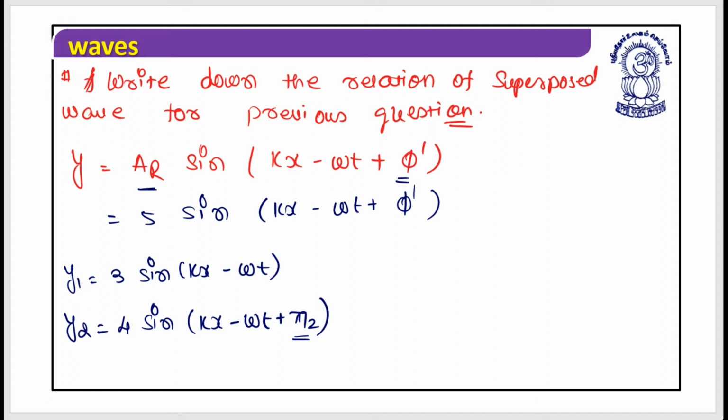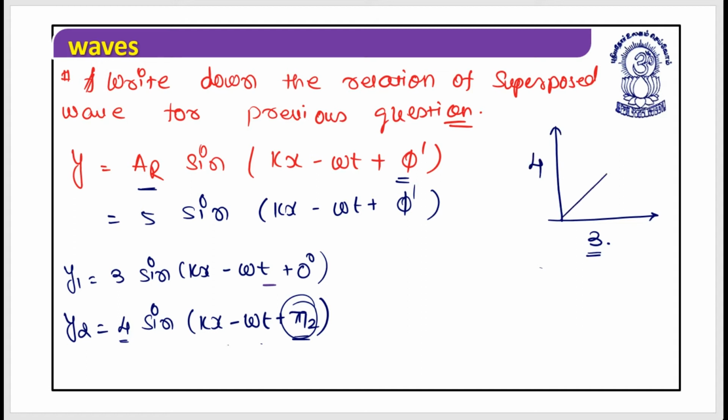Look at this: the first has an angle of 0, it's basically 3 sine kx minus omega t plus 0 degree, and this is kx minus omega t plus 90 degree. Whichever wave has the lower phase would be on the x-axis, so I have kept it like this, and it is of amplitude 3. The next wave has a phase of pi by 2 with respect to this, so it is on this axis, 4 in magnitude.